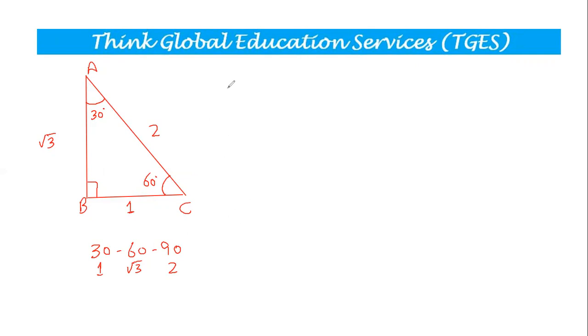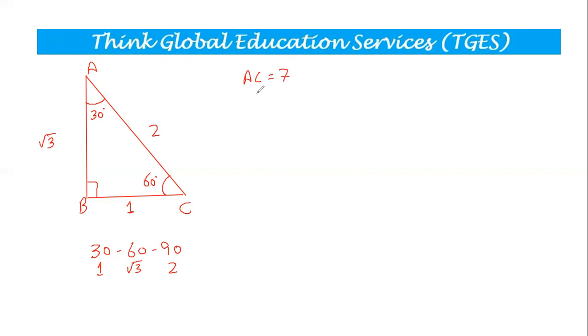Now what is the advantage of this triangle? Why do we need to know it? The advantage is, if I know one dimension, I can calculate the other dimensions. So for example, let's say AC is given to me, and the original length of AC is 7.